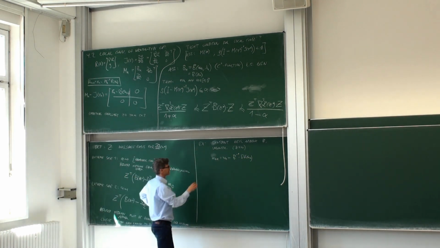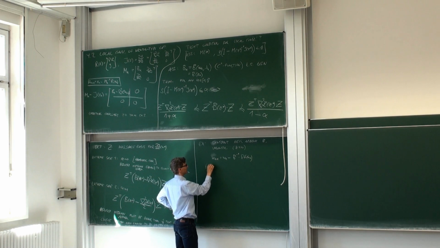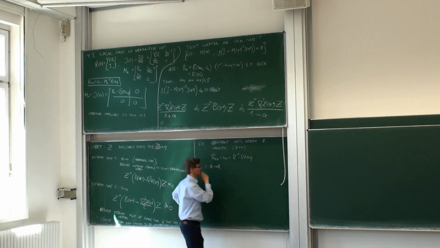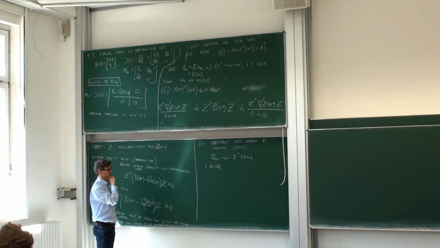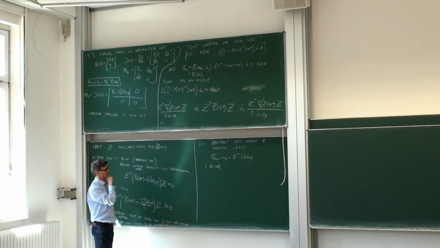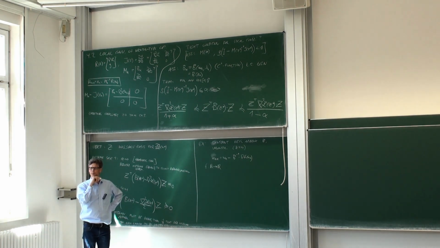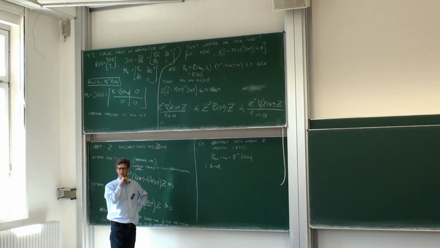And now I choose F from R to R, just a scalar example. I choose some F that I find nice, something slightly non-trivial maybe. No, I even choose a trivial one, because then we can see more easily what I mean.